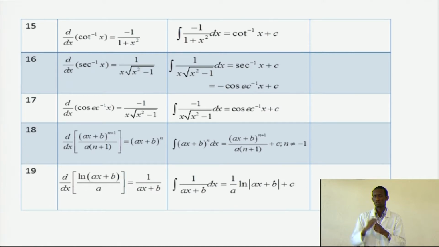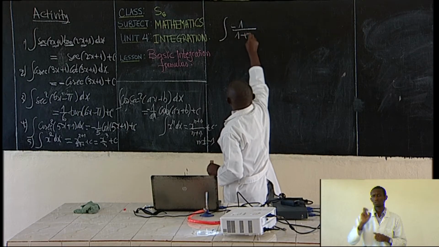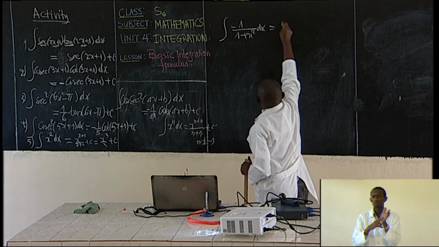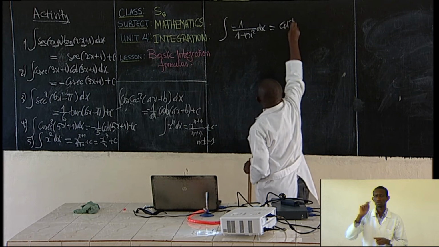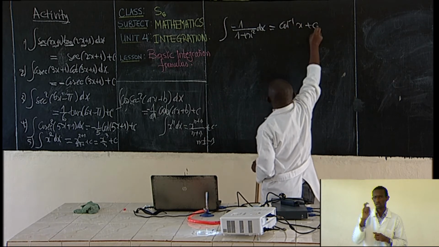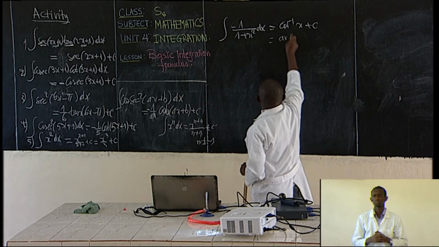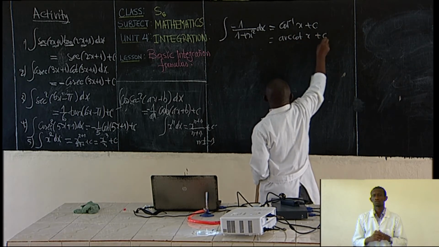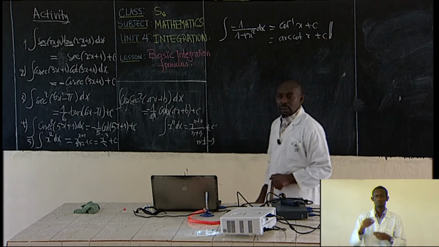Isn't it? Then, for that, you know the integral of minus 1 over 1 plus x squared dx is equal to cotan inverse of x plus c, or simply arc cotangent of x then plus c. This is the same, right?